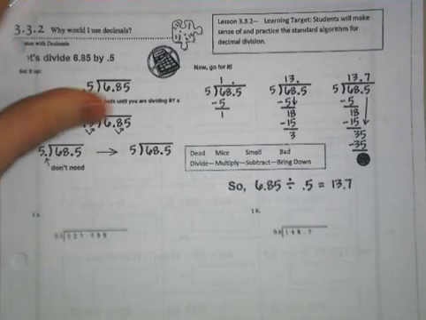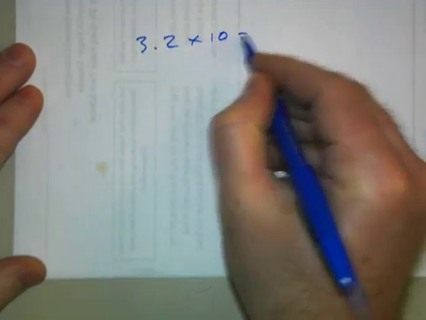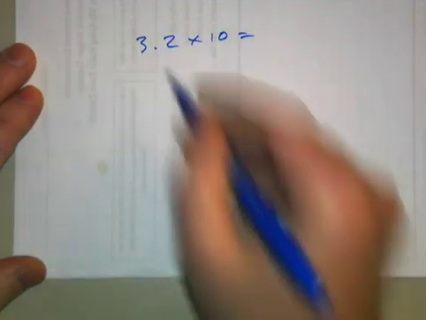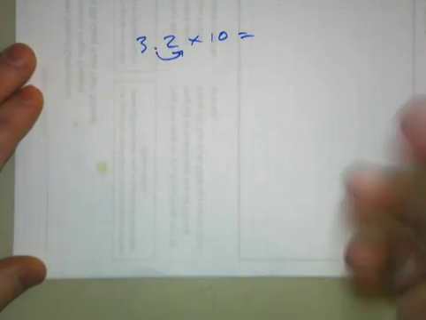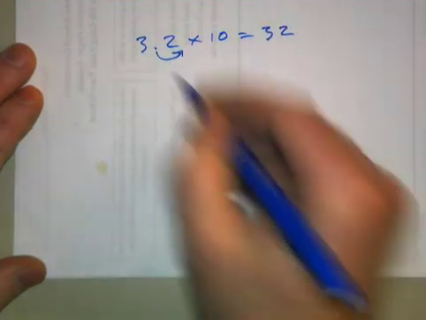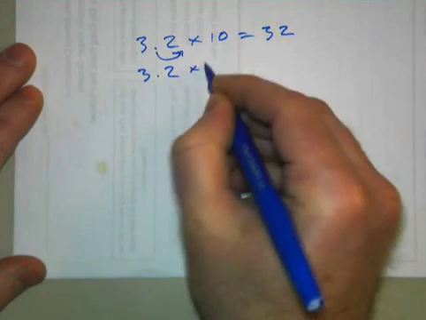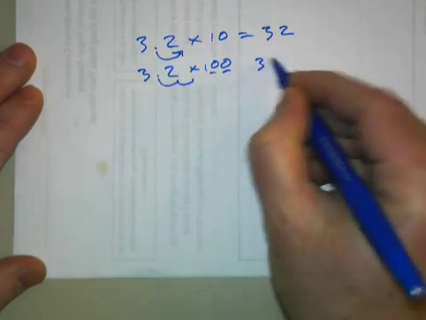So if you remember when you did multiplication, 3.2 times 10, you moved your decimal to the right. And when you did that, you're changing your answer and it becomes 32. And if you had 3.2 times 100, the 2 zeros, you moved it 2 places and it became 320.